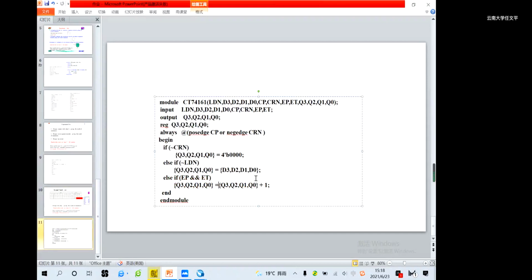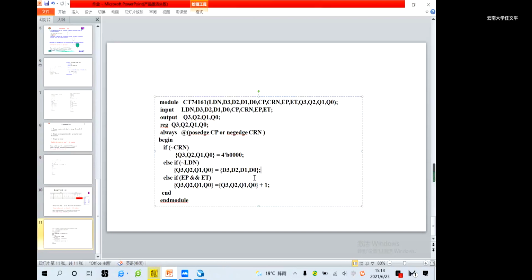Because the output signal means it is a 4-bit binary number.